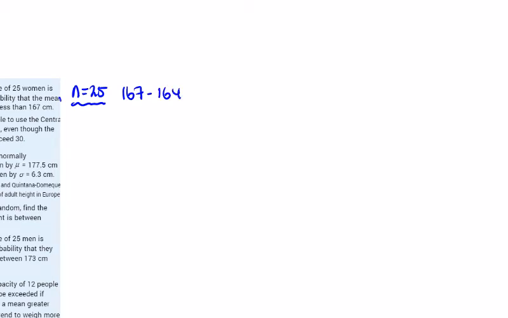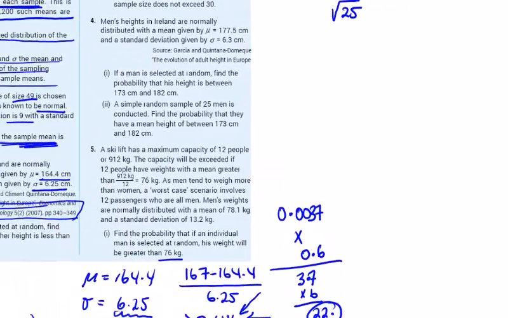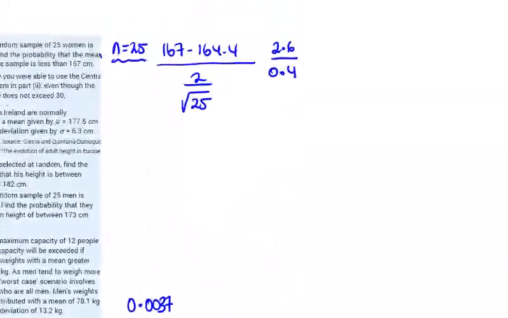So 167 minus 164.4, the average, but for our sample size, sigma was 6.25, and our sample size is 25, so we're looking at 2.6 on top divided by 6.25 over 5. Just taking the wrong standard deviation, it was 6.25 in the previous question.